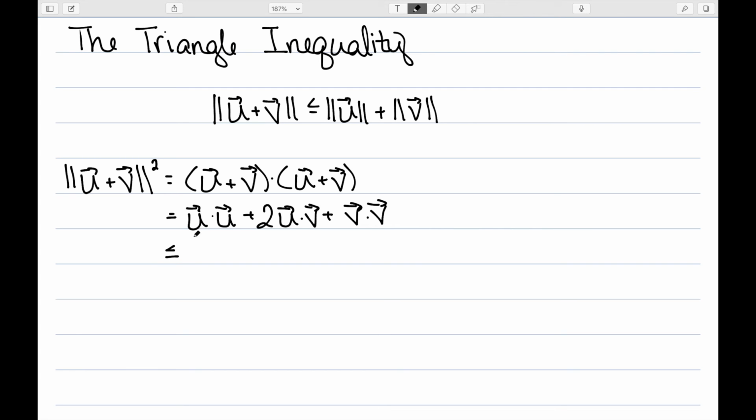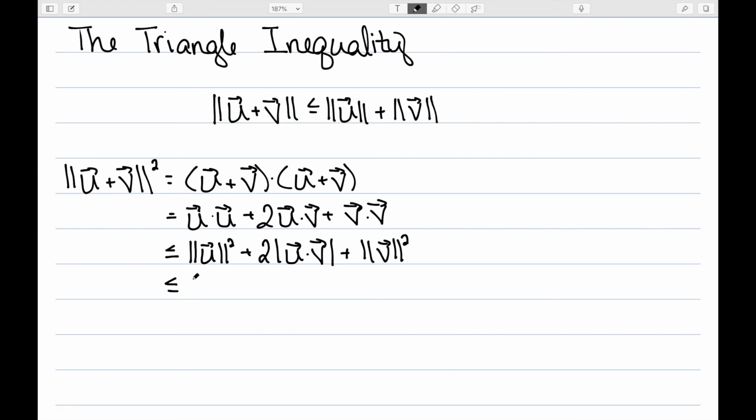This is going to be less than or equal to u dot u, which is by definition the length of u squared, plus, I'm going to write this as 2 times the absolute value of u dot v, and v dot v is the length of v squared. So in this inequality, if u dot v is positive, then these two things are equal. And if u dot v is negative, then by taking the absolute value, I have made it bigger.